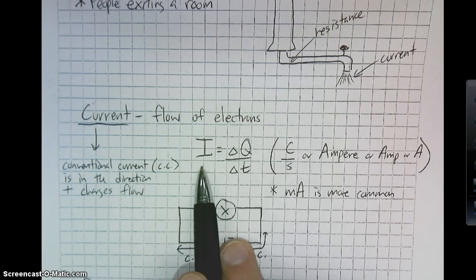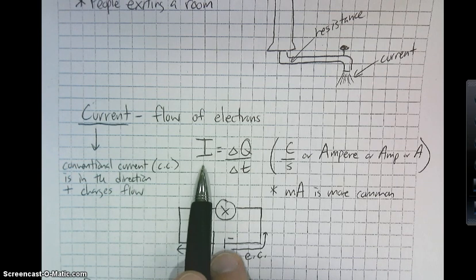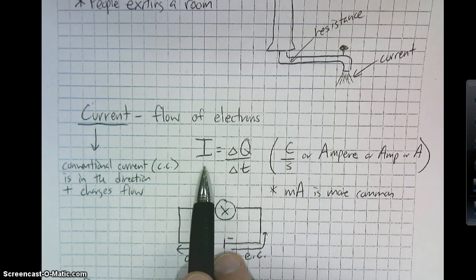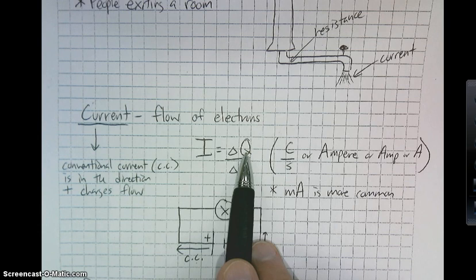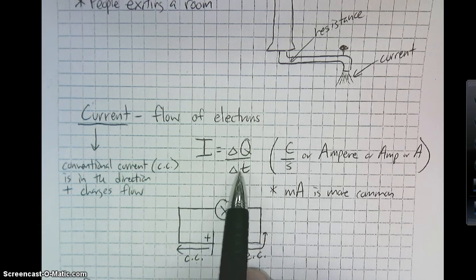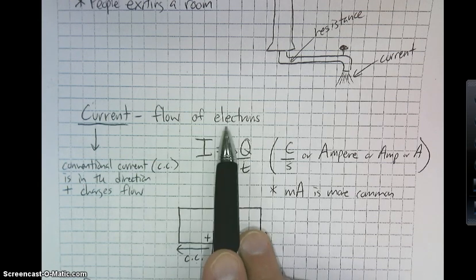So the basic definition of current is given right here. The symbol for current is I. If you look at this, I is the change in charge over the change in time. It's the time rate of change of the charge itself, how fast those charges are flowing, the flow of electrons.